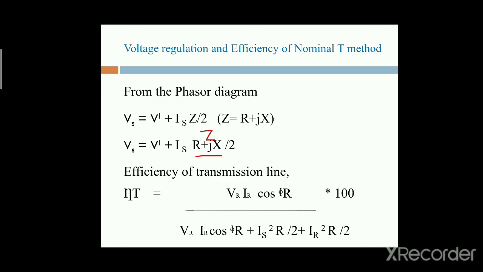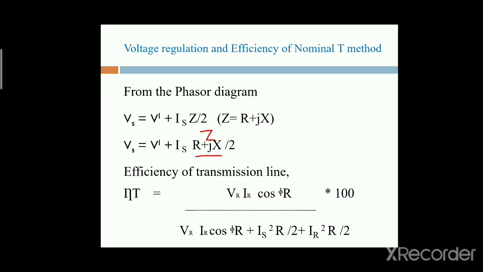Okay, the series impedance is divided into two halves, that is Z by 2 plus Z by 2. Z means R plus jX, so Z by 2 is equal to R by 2 plus jX by 2. That's why it is called nominal T: the connection of the parameters is shown in a T shape.